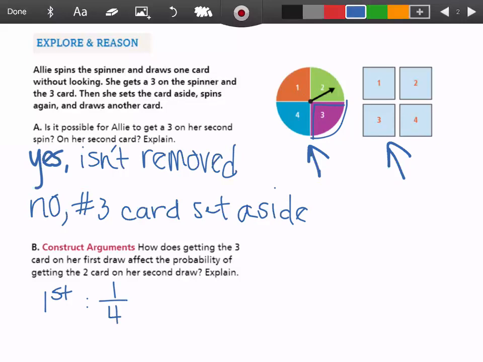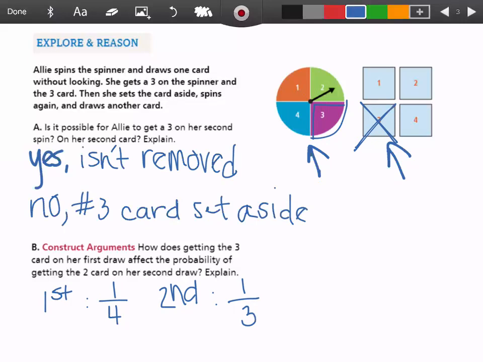On the second draw, we got rid of this 3, so the 3 card's no longer there, which means that on the second draw we only have 3 possible cards she could pick. So that changes the probability from 1/4 to 1/3. So it makes her chances of choosing a 2 more likely.